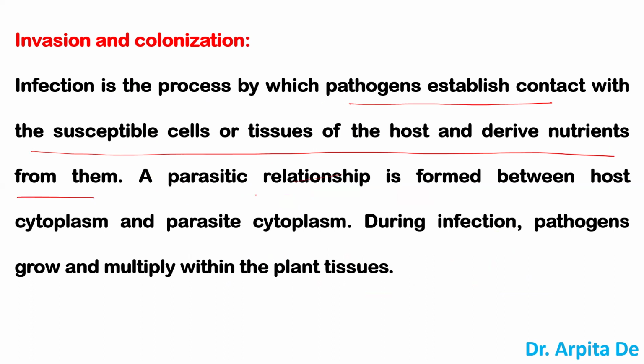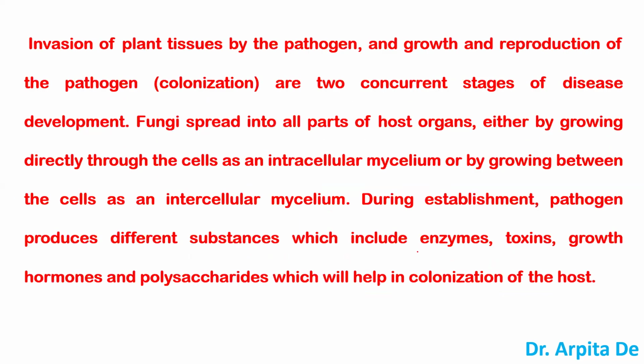Right? A parasitic relationship is formed between host cytoplasm and parasite cytoplasm. And during infection, pathogens grow and multiply within the plant tissue. Invasion of plant tissues by the pathogen and growth and reproduction of the pathogen, which is called colonization, are the two concurrent stages of disease development.